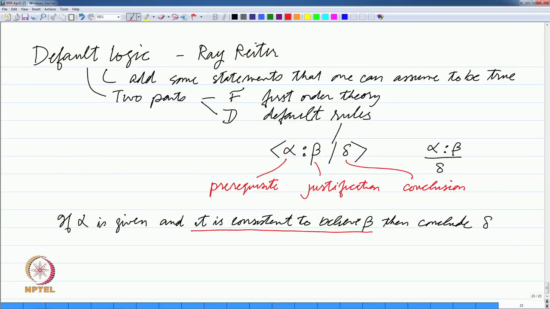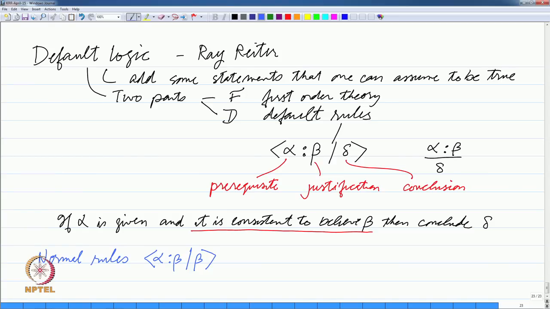There is a special kind of default rule which is sometimes called a normal rule, because it in some sense tries to capture normal behavior, and normal rules are of the kind alpha, beta, beta. It says that if it is consistent to believe beta, then go ahead and assume beta is true.